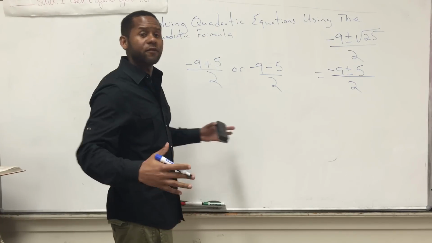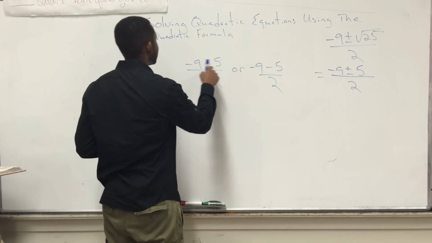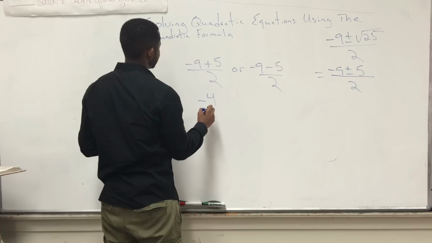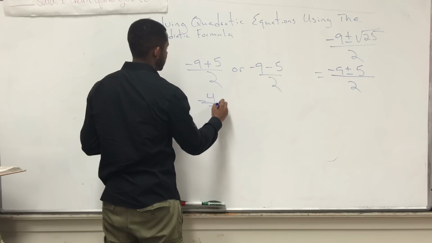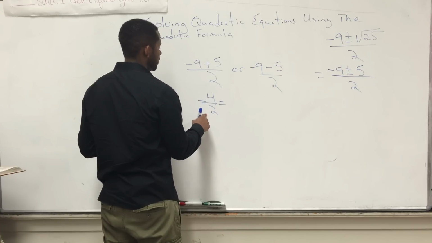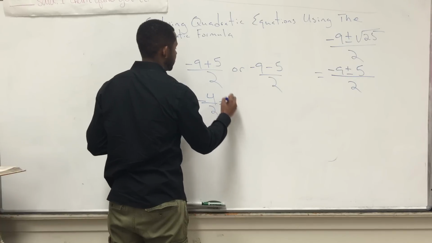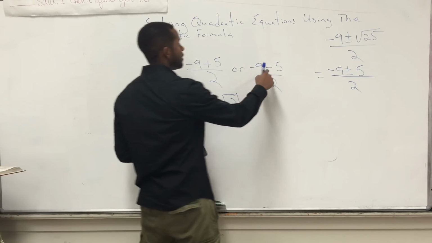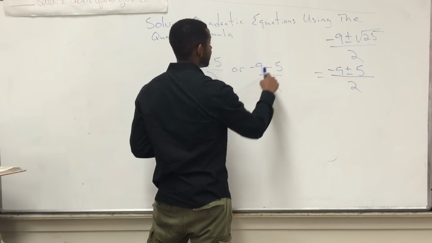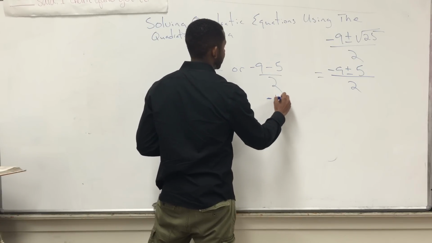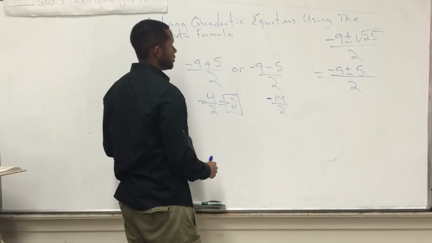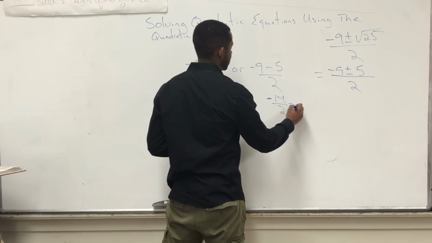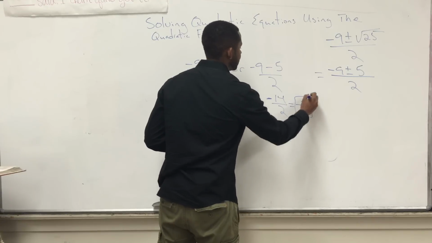Now I'm just going to finish this piece off. Negative 9 plus 5 is negative 4. Negative 4 over 2, which equals negative 2. Here is one of my answers. Negative 9 minus 5 is negative 14 over 2, and negative 14 divided by 2 is negative 7.